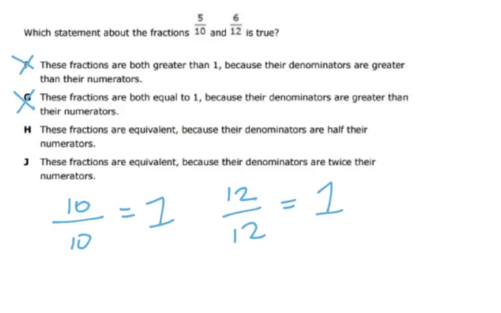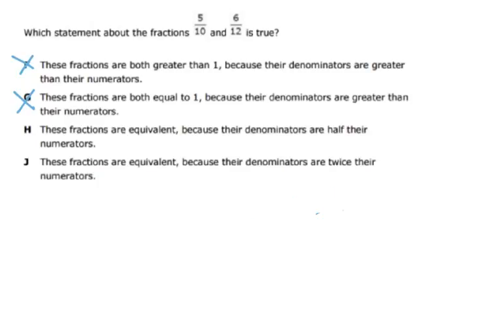Okay, answer choice H says these fractions are equivalent because their denominators are half their numerators. That's an interesting choice. The fractions are equivalent. Well, let's think about it. 5 tenths, I know if I divide them by 5 over 5, I would get 1/2.